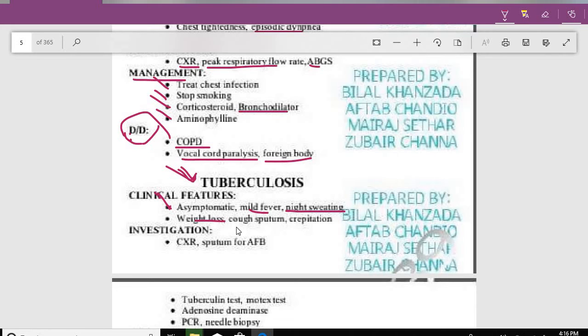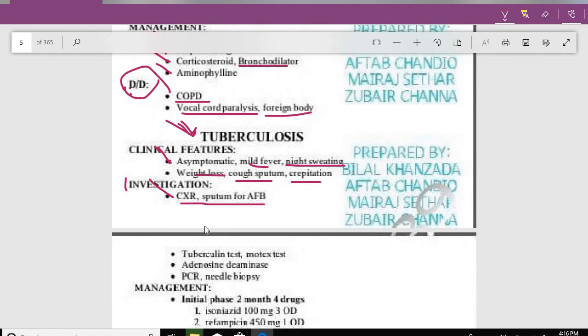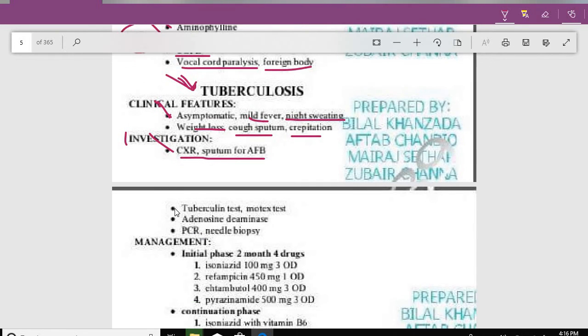Weight loss will be there. Cough, sputum and crepitations will be complained of. Investigations will be chest x-ray, sputum AFB. Acid fast bacilli will be positive in a tuberculosis patient. Tuberculin test is performed, Mantoux test, adenosine deaminase level, PCR for diagnosis, and needle biopsy can also be done.